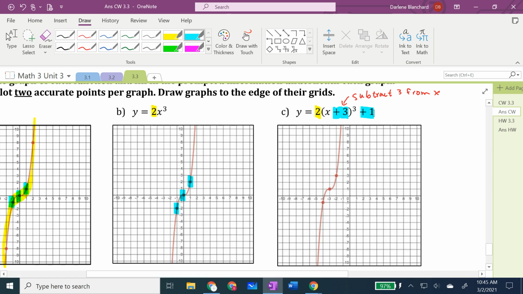And then outside we have the plus 1, and we are going to add 1 to each of the y values from the previous graph that was the 2x cubed. And so this is all 3 of those points shifting.